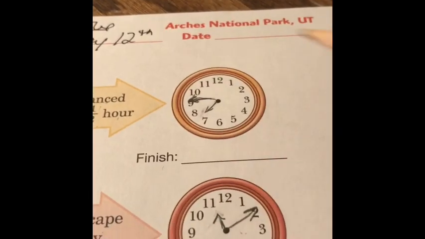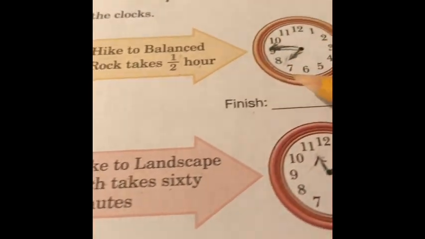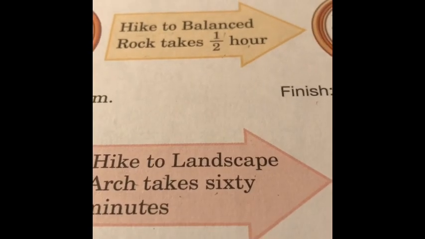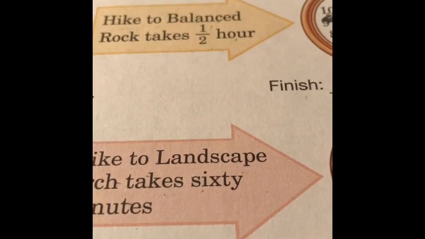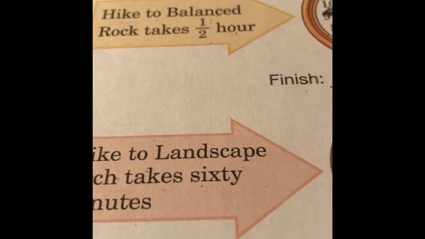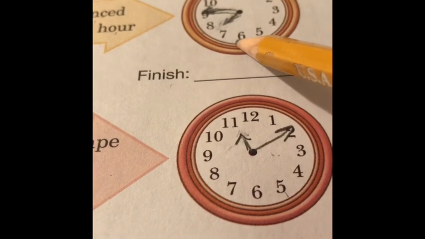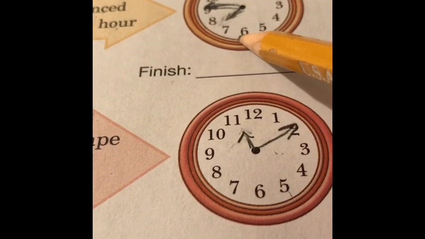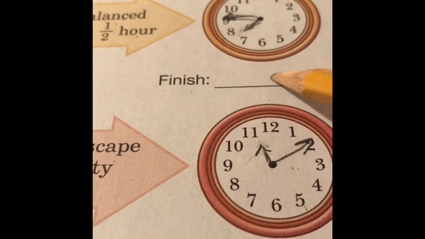Then here you have to draw the hands to show that the hike to Balance Rock takes a half hour. So you show the half hour on this clock, and you write the time here after you do the hands.